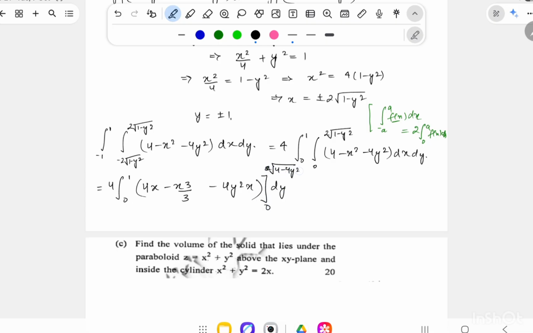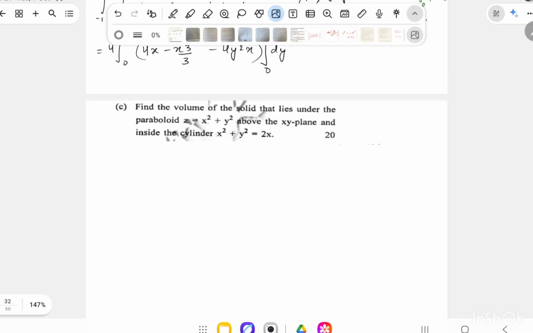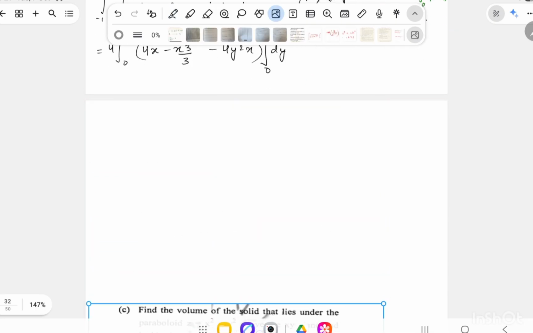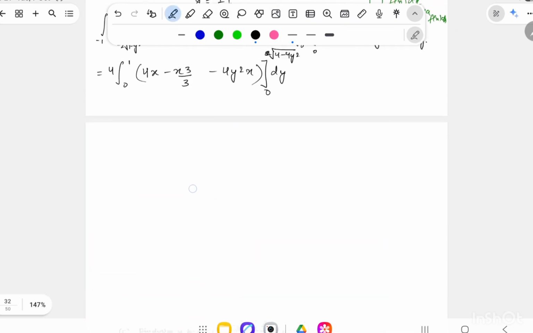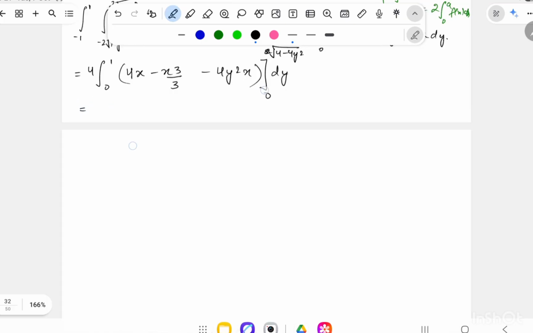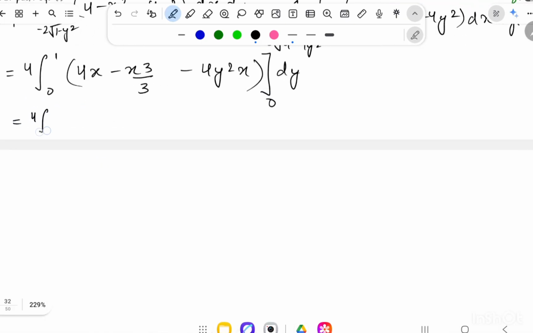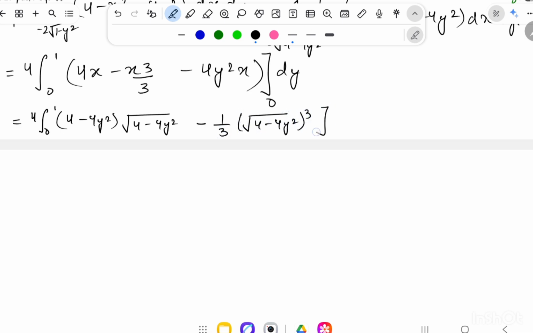So if I plug in the limits, it will be equal to 4 times integration from 0 to 1, 4 minus 4y square times under root 4 minus 4y square minus 1 by 3 times under root (4 minus 4y square) cube dy. So this thing is equal to 4 times integration from 0 to 1.